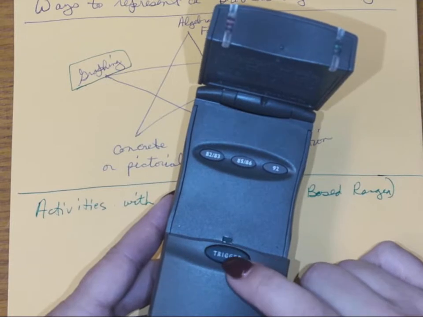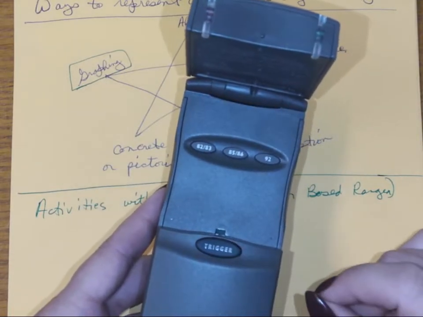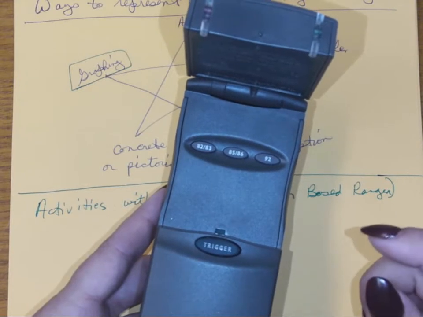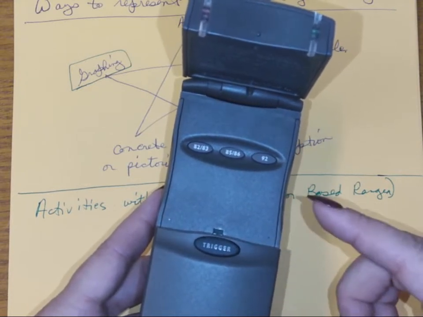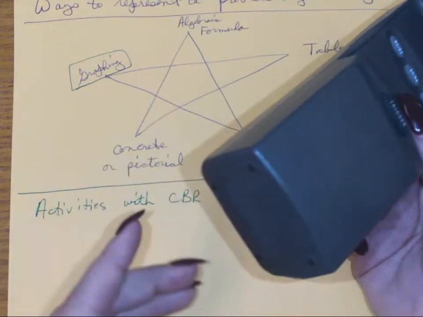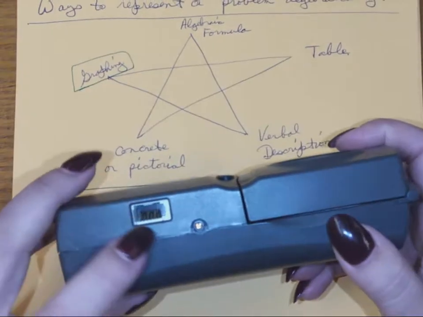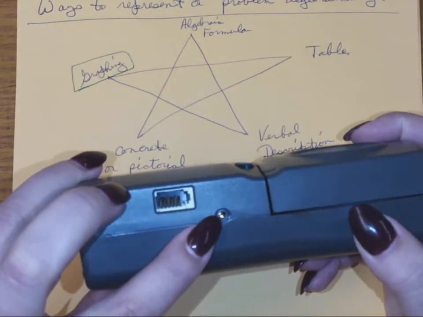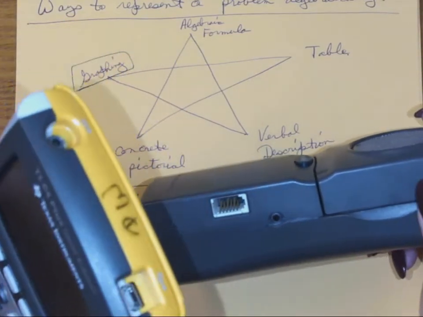You can push the trigger, and if I had batteries in this one, it was ready to go. A lot of times you would hear it start clicking. Tick, tick, tick, tick. When you hear that sound, that means that it's actually collecting data. Hopefully I would have connected this thing using a cable to my calculator.